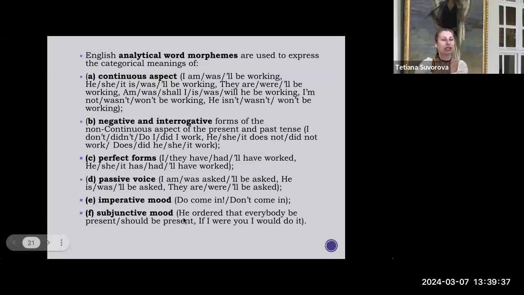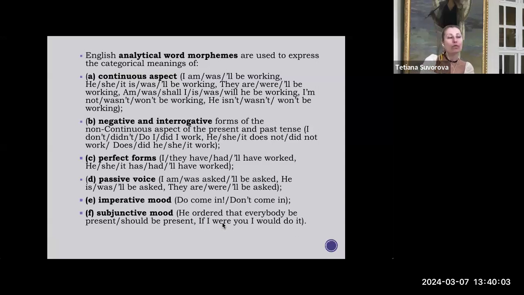Well, and the subjunctive mood, okay, so it's again a lot of nuances, here it is maybe more generally expressed. We use were, it's the only form that was preserved from Old English for the subjunctive to express unreality. So all the other verbs, they don't have it, just only the verb to be has the form were.